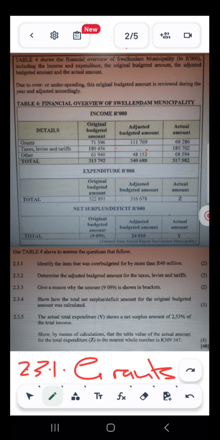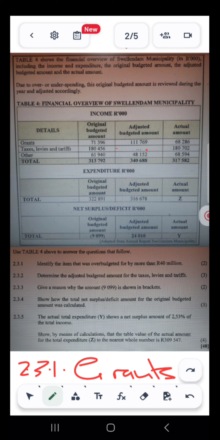They play with words, talking about expenditure, then talking about surplus. We must know how to separate the two statements and make sense out of them. Are we together so far?